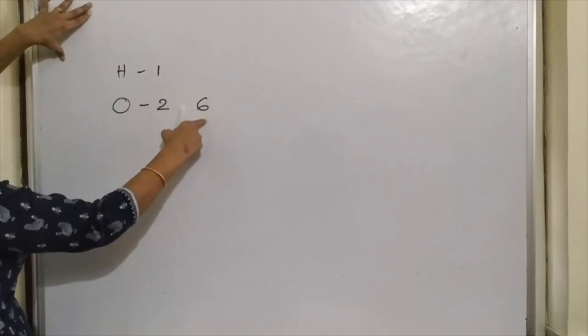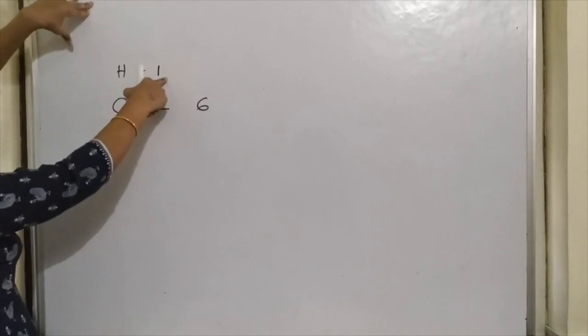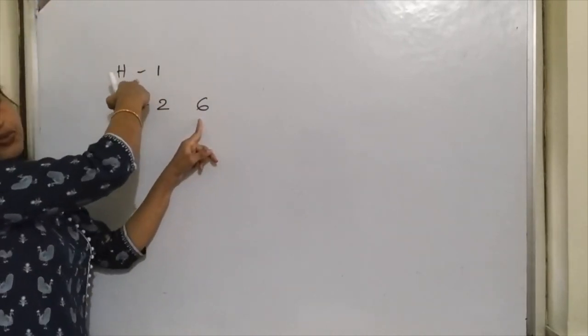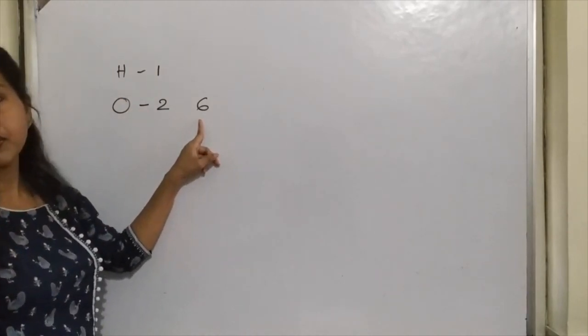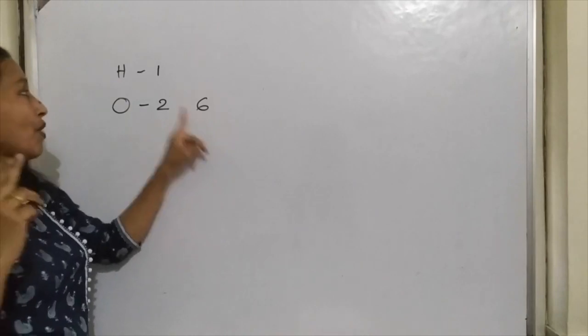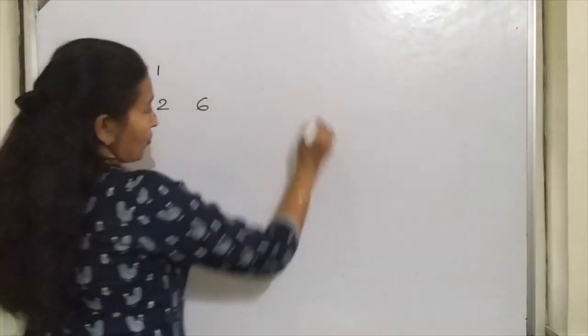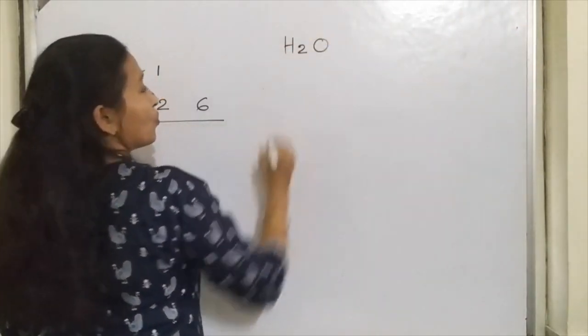We say the valency of oxygen is 2, but hydrogen's is only 1. So 1 oxygen atom can combine with 2 hydrogen atoms, because oxygen's combining capacity is 2. It needs 2, and 1 hydrogen can give only 1. You know water is H2O.